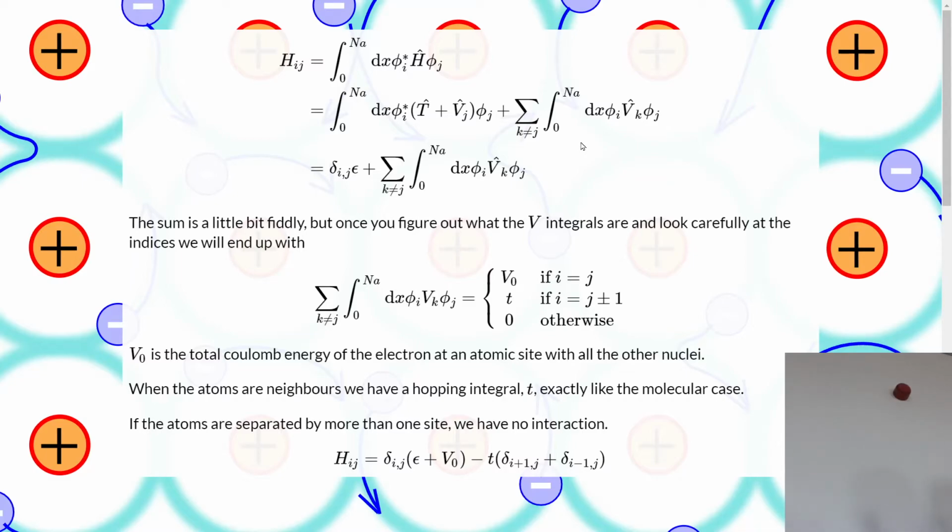So the interaction with the other potential can allow it to hop to the next atom. That's the thing that lowers the kinetic energy, that stops them being located in an isolated atom. And if they're further apart than the next nearest site, then I'll get 0.